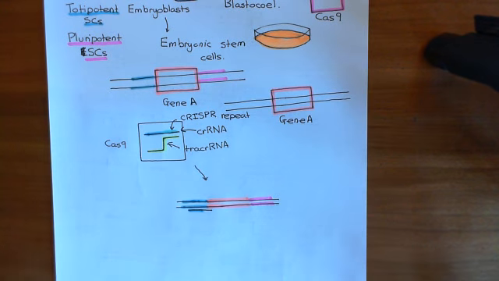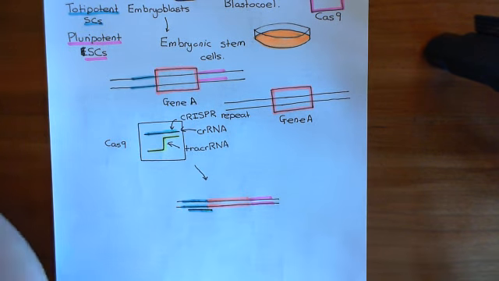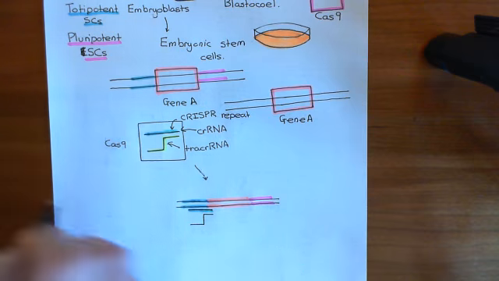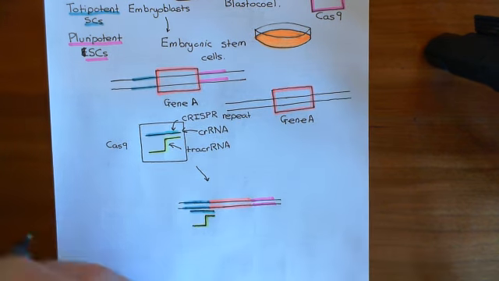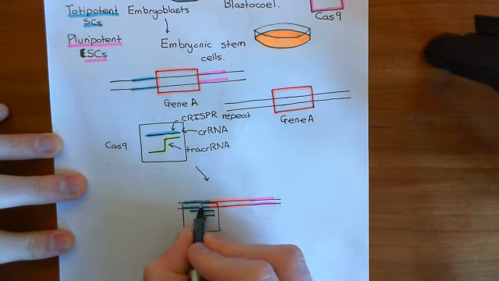So this is the CRISPR RNA here. Then we've got the CRISPR repeat in turquoise here, which will then be bound to the transactivating CRISPR RNA in yellow here, like so. And now, of course, it's brought along with it the Cas9 enzyme here.